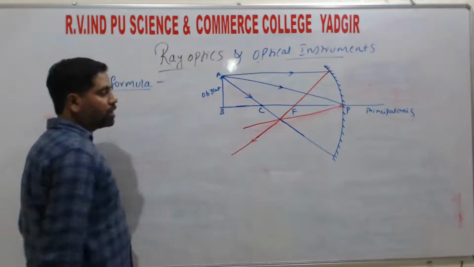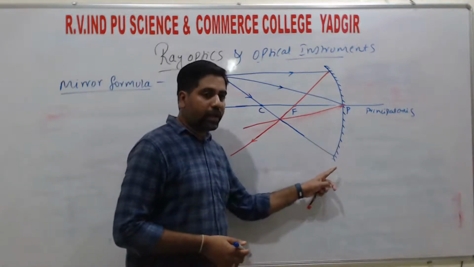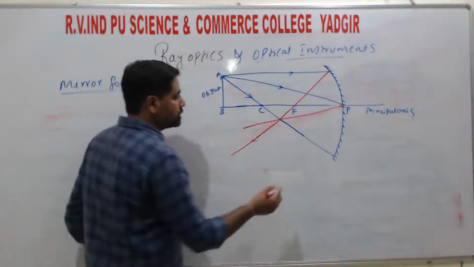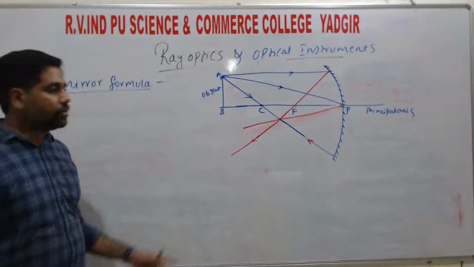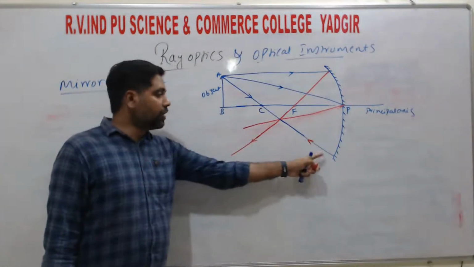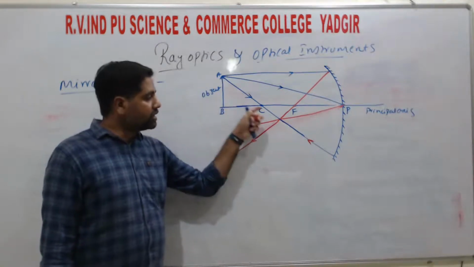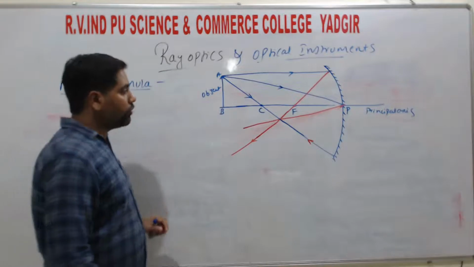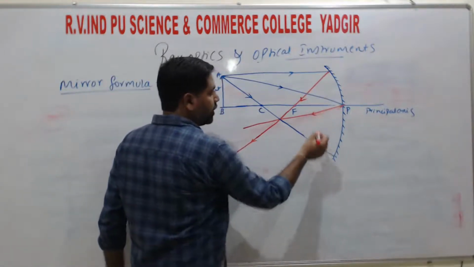This is the third ray, passing through the center of curvature. Any ray passing through the center of curvature falls onto the mirror and reflects back along the same path. This incidence we call normal incidence. The reflected ray retraces the same path, so here we have the reflected ray.